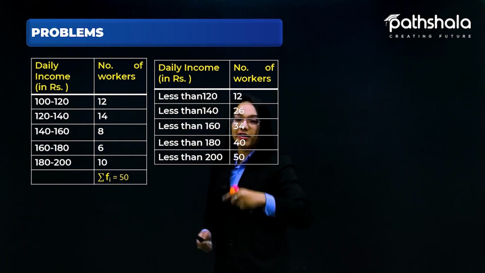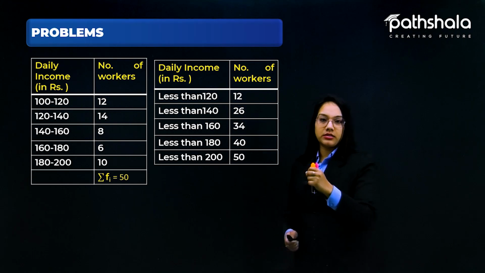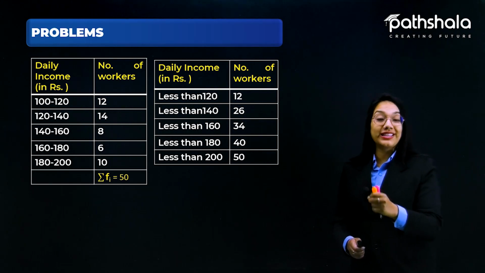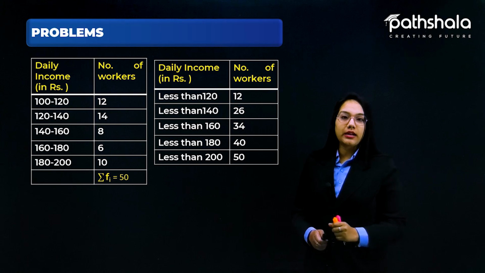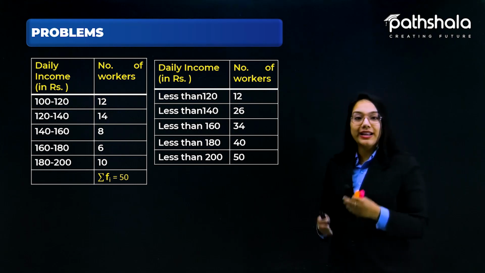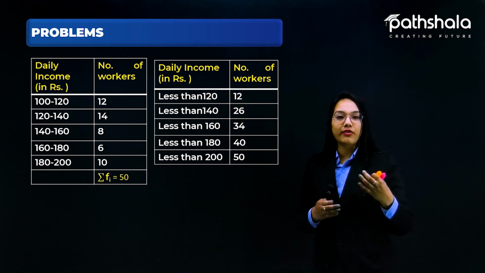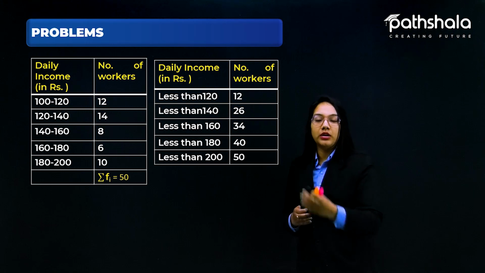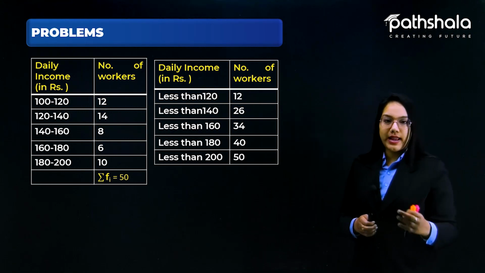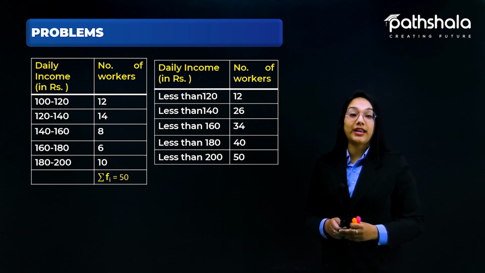You definitely know how we can find this, because we have already done this kind of question at the start of the topic, finding the cumulative frequencies of the less than type case by adding the previous frequencies of any particular data. So let's plot this representation on the XY plane.